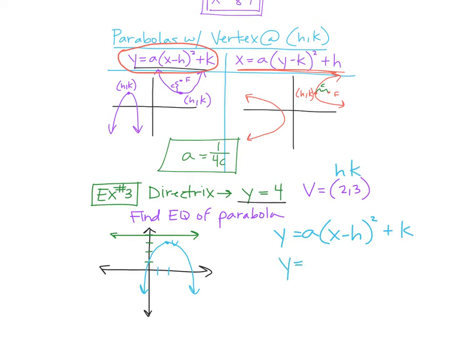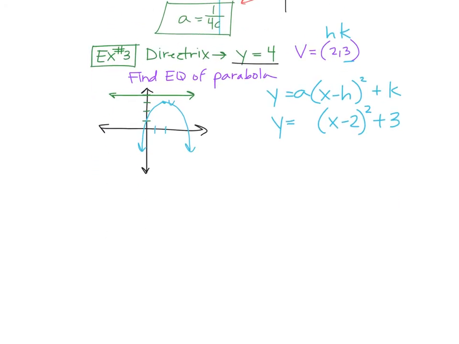Y equals, I'm going to leave a blank for a, x minus 2 squared plus my k value, which is 3. So we're almost there. We just have to figure out what a is. And remember what we have not done yet. We have not done our pretty little formula that we use all the time.